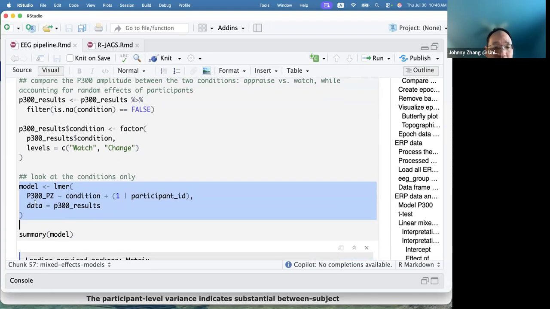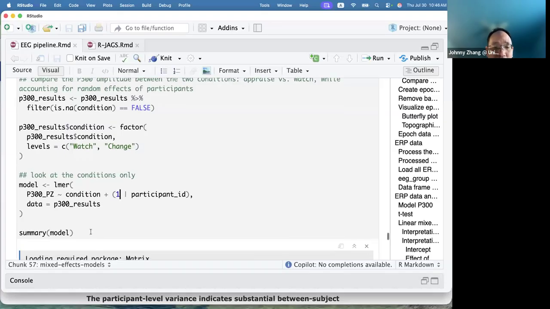Basically the outcome is P300, it depends on the condition, but we do have an individual intercept. So it's specified by this part: the 1 means the difference is in the intercept, an individual intercept for each participant. Then we can run the analysis and look at the results.